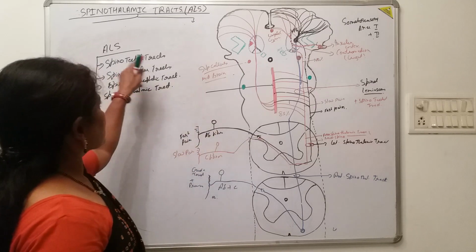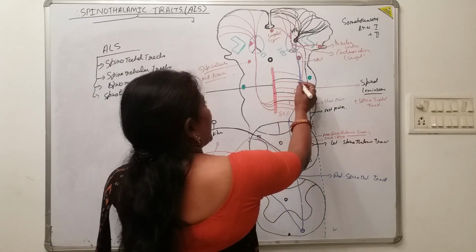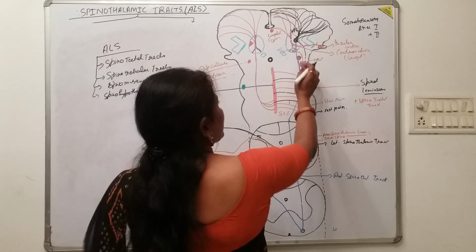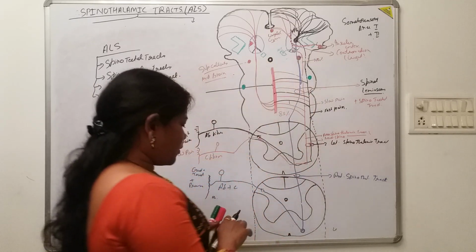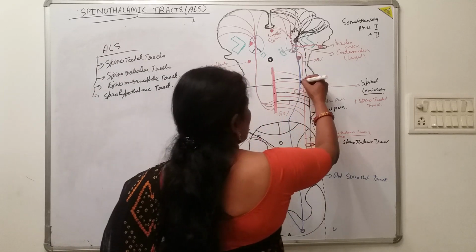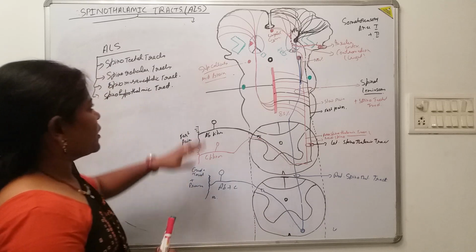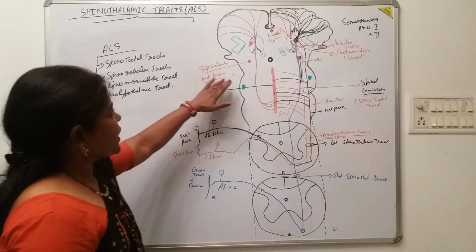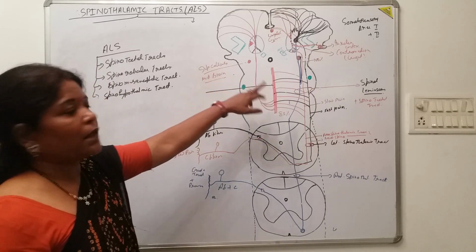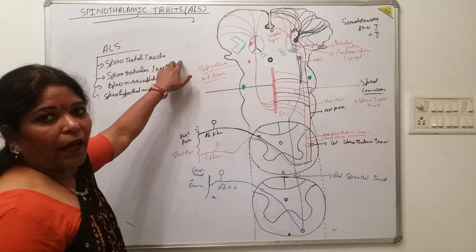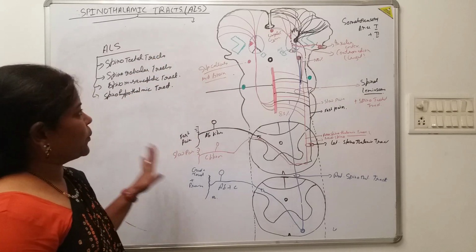How is it formed? The fibers coming upwards give collaterals to the superior colliculus, which is part of the midbrain and is present in the tectum of the midbrain. That's why the name of the tract is spinotectal tract, and it is concerned mainly with the spinovisual reflex other than pain and temperature.